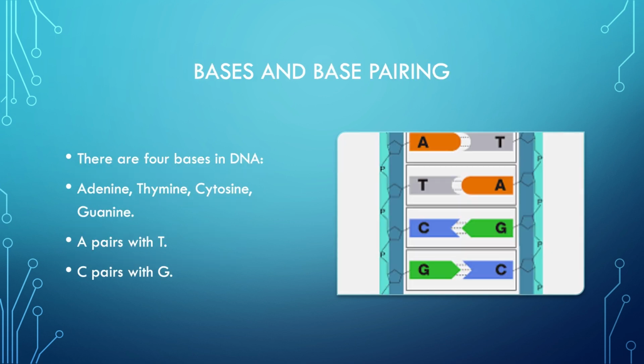These bases always pair in a specific way. Adenine pairs with thymine, and cytosine pairs with guanine. This is known as complementary base pairing. The sequence or order of these bases forms a genetic code, which contains instructions for making proteins.